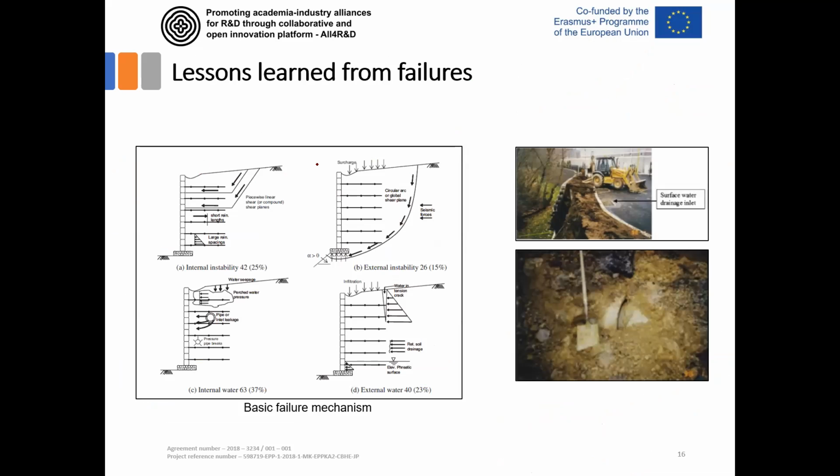This is the usual failure mechanism that is observed here, and it's a detail that is not good, bringing the water from the surface into this reinforced area. If you have some pipe here in this wall area, then internal water erosion can cause a progressive failure like this.